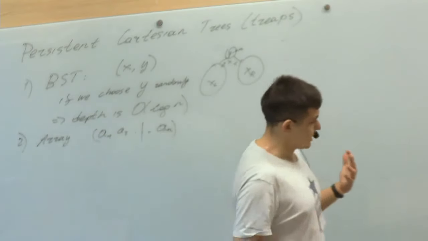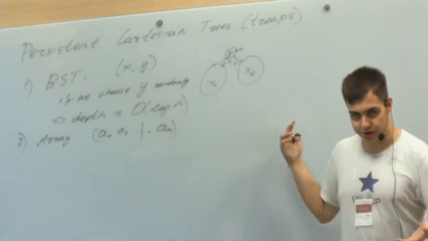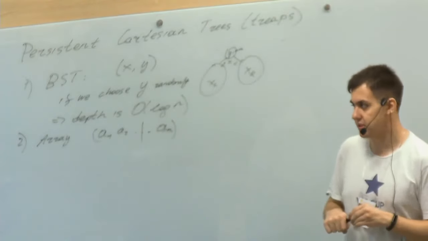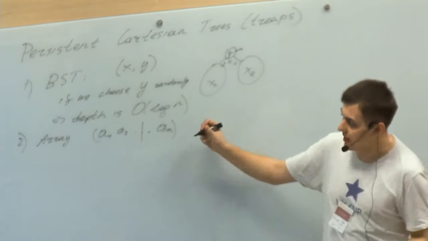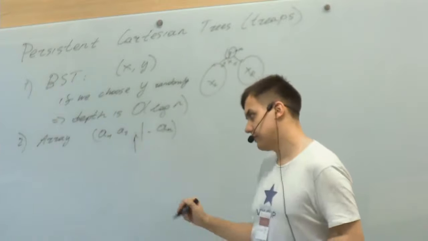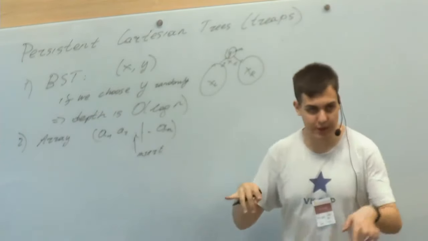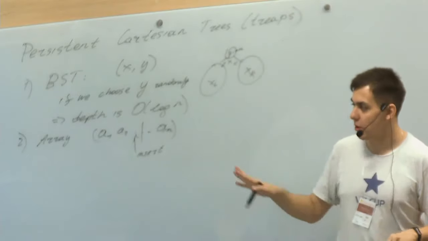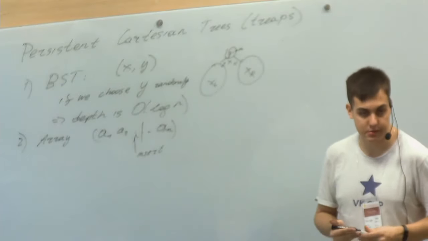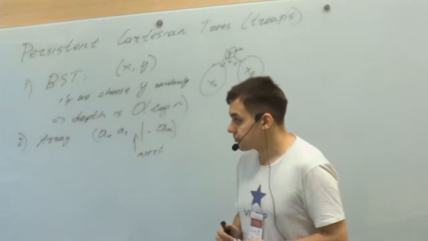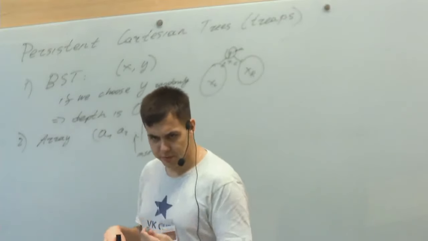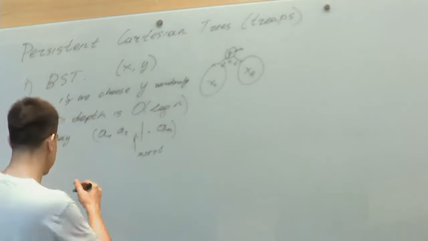But this allows us a larger set of operations, such that we can insert some element in the middle, or we can remove an element, or we can concatenate two different sequences, or we can reverse a subsegment, and so on. So this is usually referred to as an implicit tree.